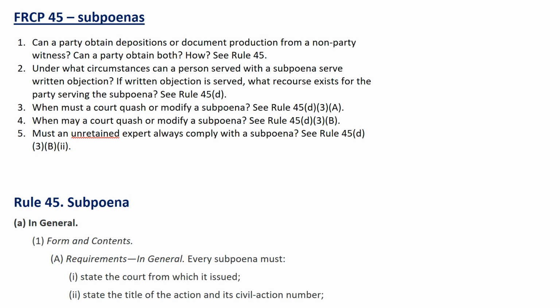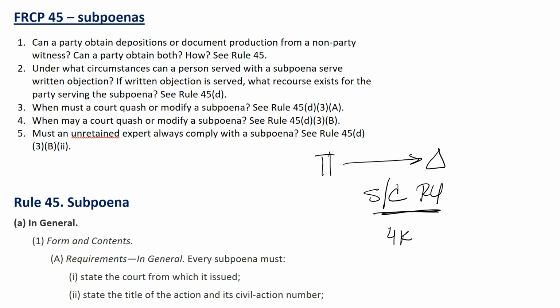All right. Let's talk about Rule 45 subpoenas. Let's keep in mind the purpose of a subpoena. Normally when P sues, D has to be served with a summons and the complaint under Rule 4. And in particular, Rule 4K says that when service is done of the summons and complaint, and there's a basis for PJ, the court will therefore have power over that party, right?